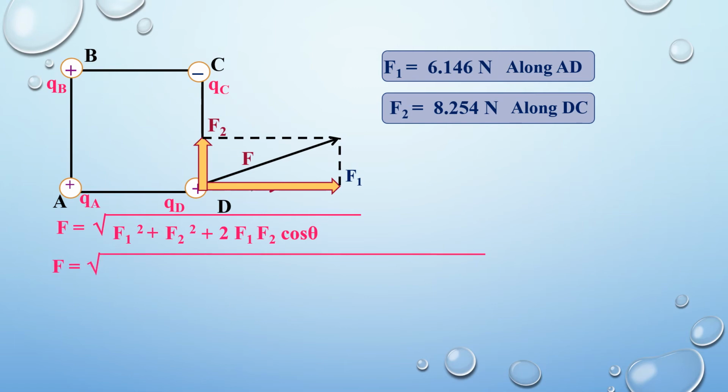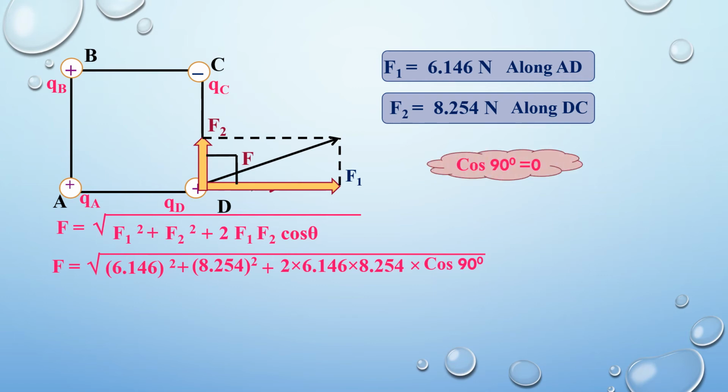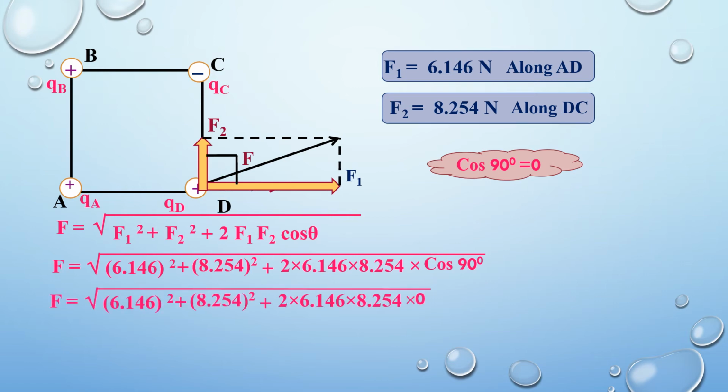Substitute your values. F1 is 6.146 the whole square plus F2 which is 8.254 the whole square plus 2 into 6.146 into 8.254 into cos of 90. 90 is the angle between F1 and F2. Since cos of 90 is equal to 0, the whole term should be equal to 0.